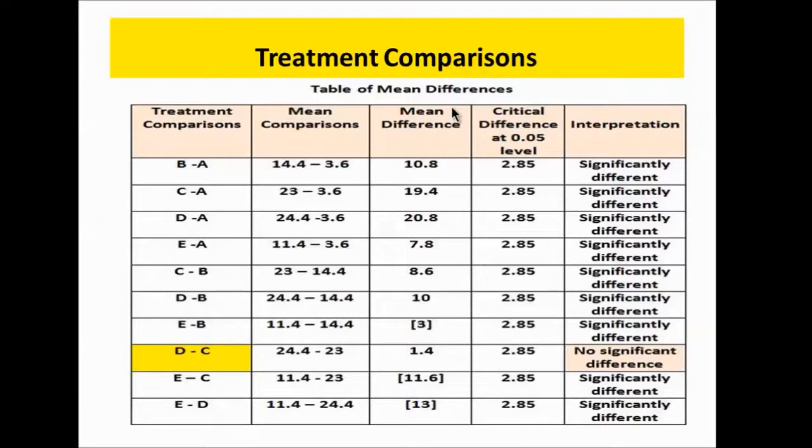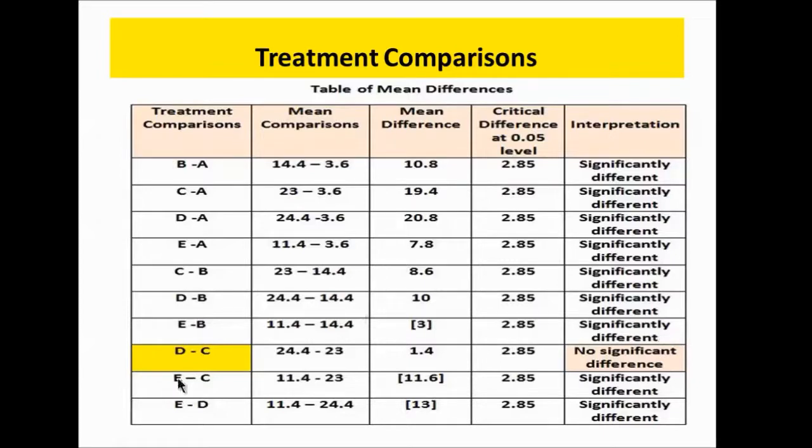We obtain the differences between means, and for B minus A, 10.8, 90.4, you will take note that the critical difference at 0.05 level is less than the mean differences, and they are interpreted as significantly different.